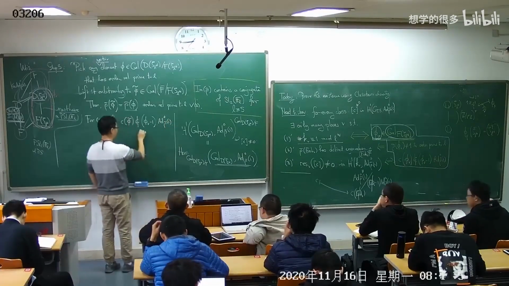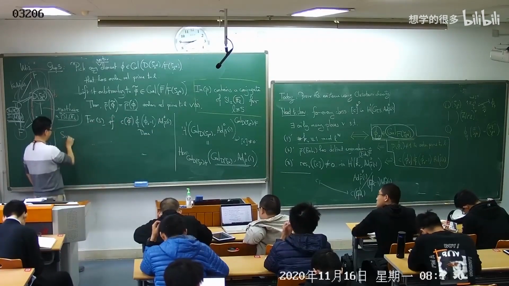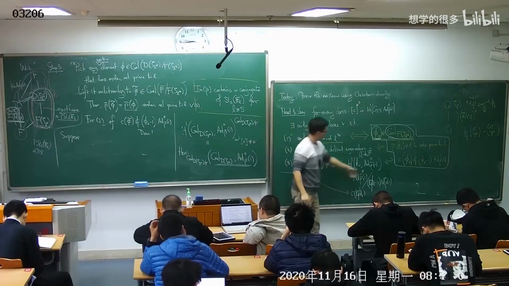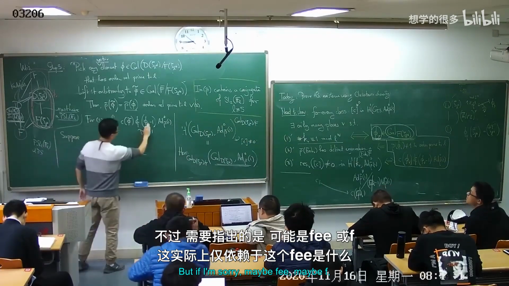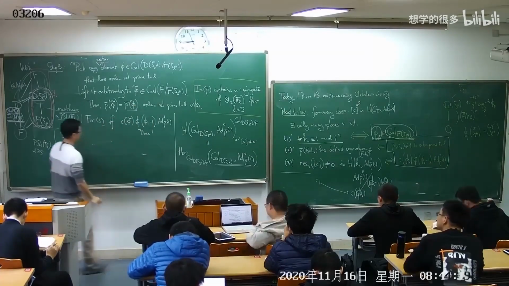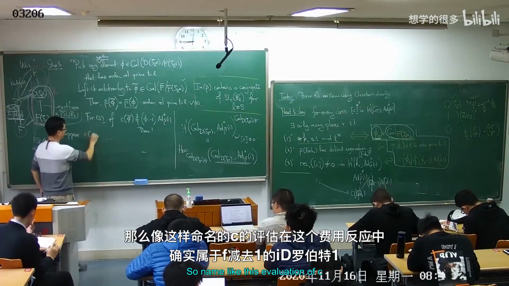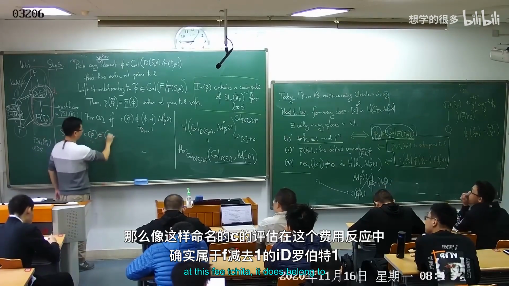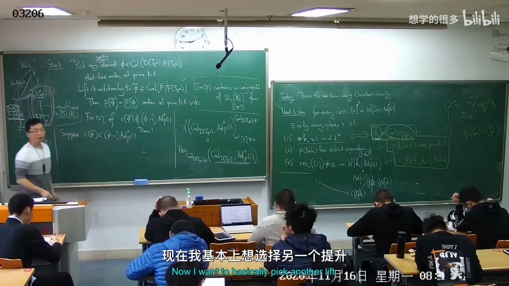Then we're done, because if it doesn't belong here, then this image is not 0. The action only depends on what this phi is. So suppose not, rather, suppose this doesn't hold: namely, the evaluation of C at this phi tilde does belong to (phi minus 1) of the adjoint of rho bar. Now I want to pick another lift.